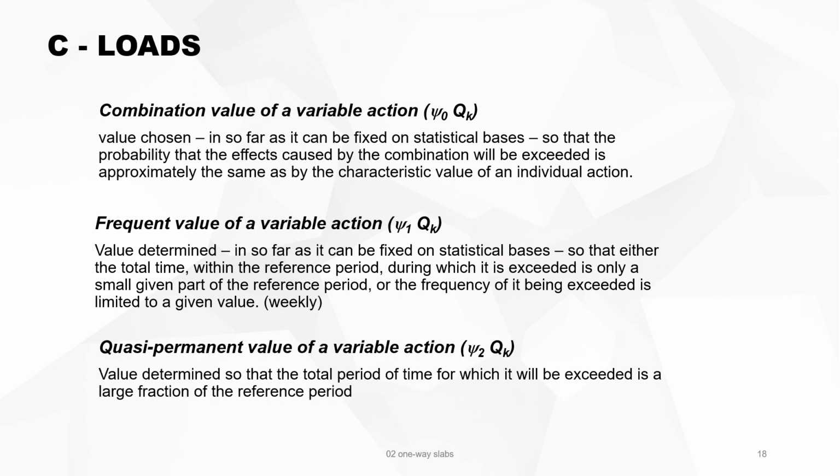And then the quasi-permanent value of a variable action is a value determined so that the total period of time for which it will be exceeded is a large fraction of the reference period. So that means it's almost always there.